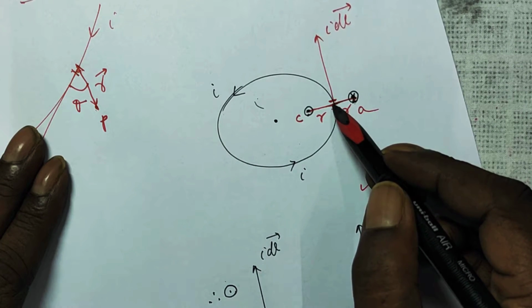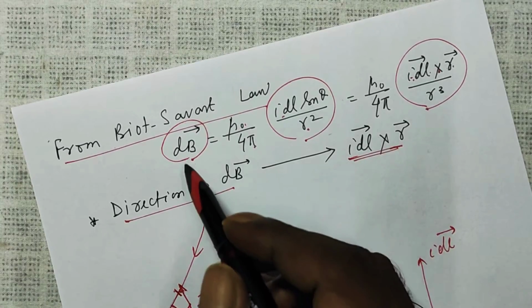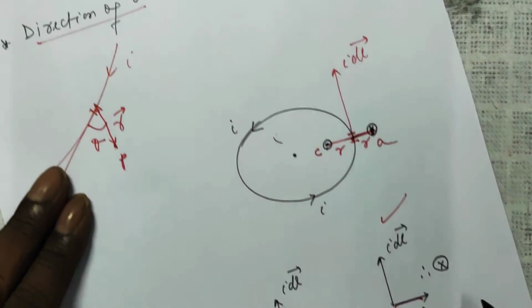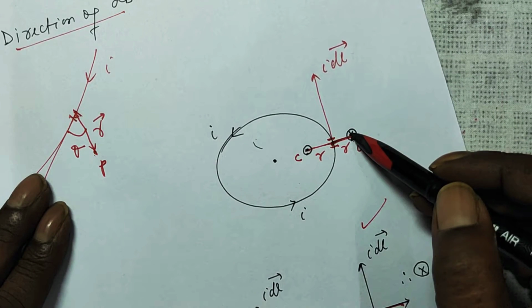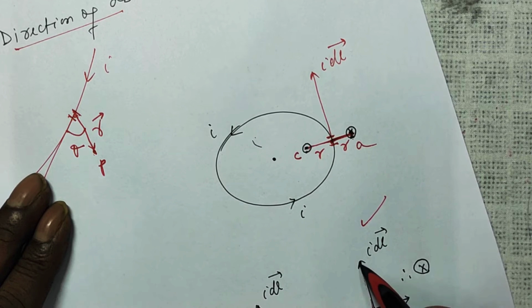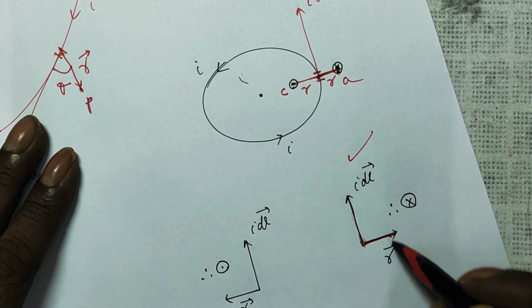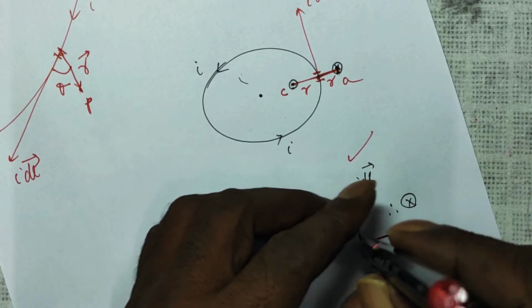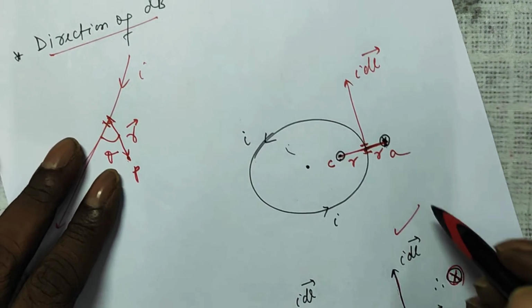And from the center of Idl, r is to this side, and the direction of the magnetic field dB is given by Idl cross r. So for this point, Idl is to this side, r is to this side, means put a screw here, rotate Idl towards r, the screw will go into. So here the magnetic field is into.